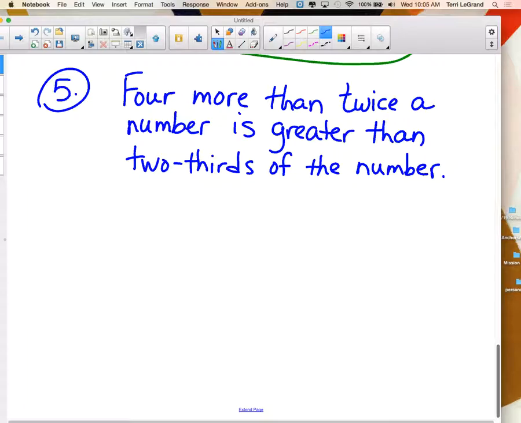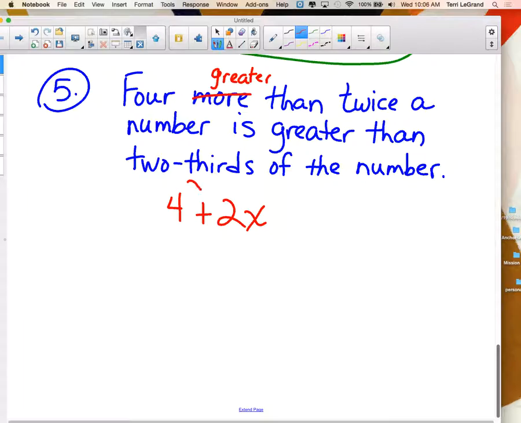What if the word greater was there? Would that make a difference? If I just, for the fun of it, changed this word to greater, or greater than. Would it change that? No. Because how are we going to replace 4 greater than twice a number, first of all? How would we write that expression? 4 plus 2x.